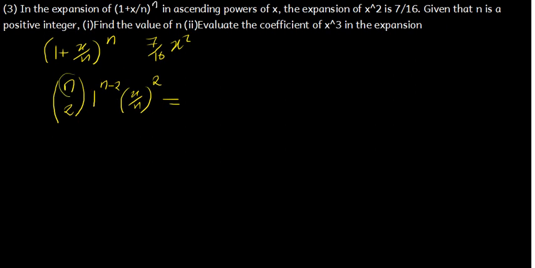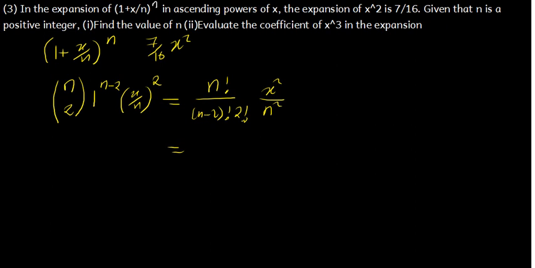Now this is n combination 2, and n combination 2 means n factorial divided by n minus 2 factorial and then 2 factorial. We are simplifying, and then here we're going to have x squared divided by n squared if we distribute the squared.